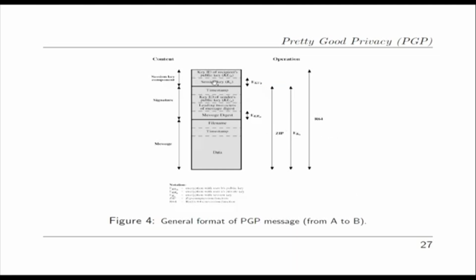So this is the general format of a PGP message. This is the content. The session key is kept here, and this is the ID of the recipient, this is the timestamp and key ID of the sender, and this is the signature part. This is the message part, which contains the file name, timestamp and the data.